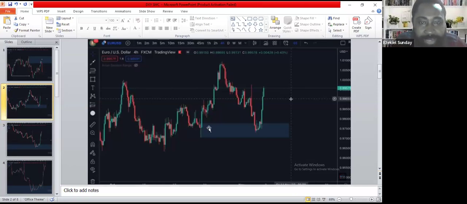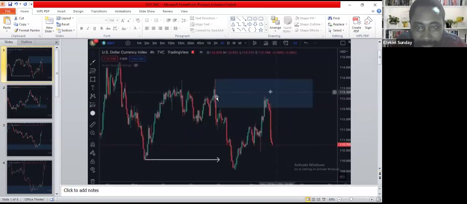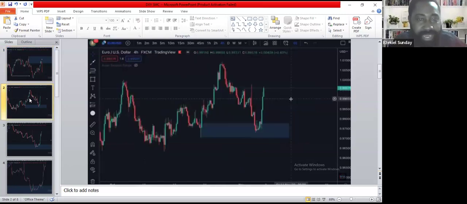So on Euro USD, see what happens. The same pattern. You see that pattern at the top? It came down, went back up, tapped into the other block, and then started dropping. That's the pattern. If we go to Euro USD, which is the currency pair in this, you see that it went up, came down, and if you had entered from here, it started going back up.